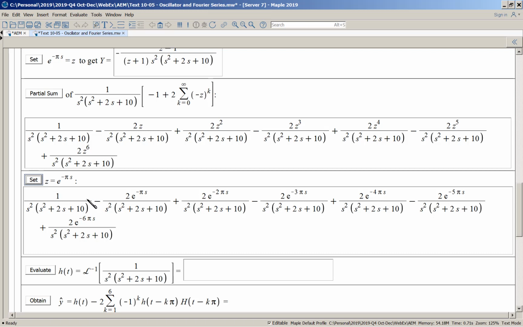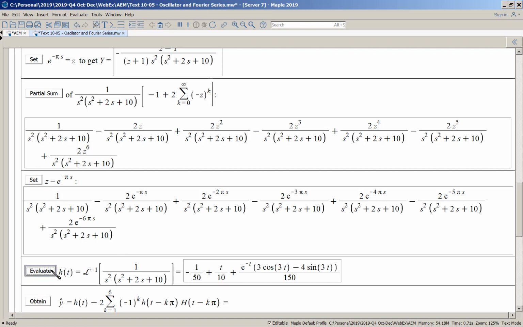So think of this as an h of t. If you know the inverse of this factor, call it h of t, and here there are 2's and pluses and minuses, you can make use of the second shifting theorem and get the inverse transform of all of this.